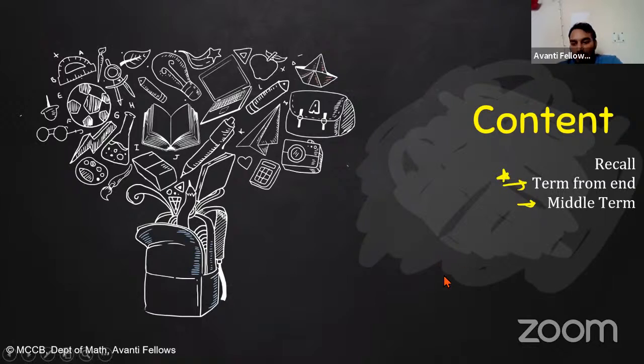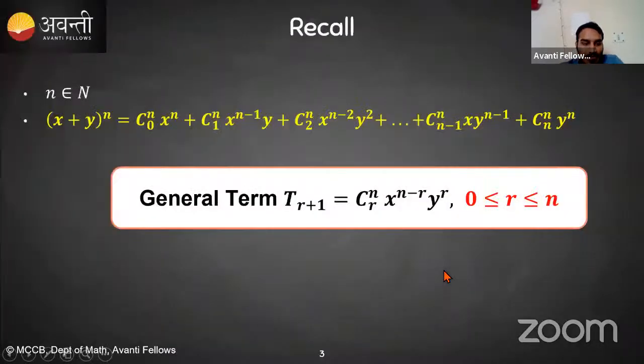So first of all, as you know, everybody, the expansion of (x + y)^n is nC0 x^n, nC1 x^(n-1) y, nC2 x^(n-2) y^2, plus and so on, up to nC(n-1) x y^(n-1) plus nCn y^n, right?